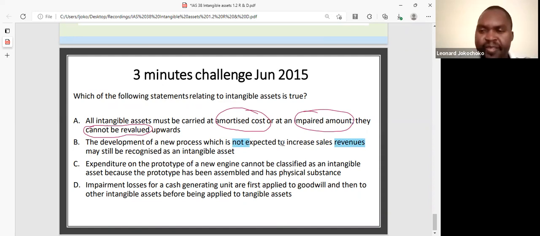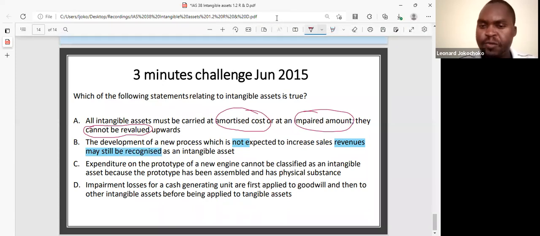However, revenue increase is just a form of economic benefit. We can also have economic benefits by saving costs. Thus, not having revenue cannot stop us from recognizing this. Because they said it may still be recognized, possibly because of cost reduction, this statement is correct. However, I want to conclude my answer until I finish the other questions.